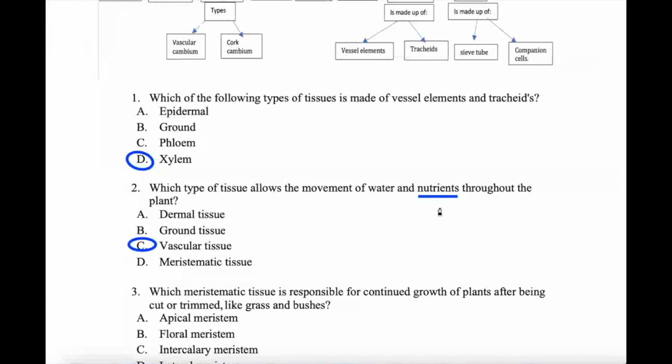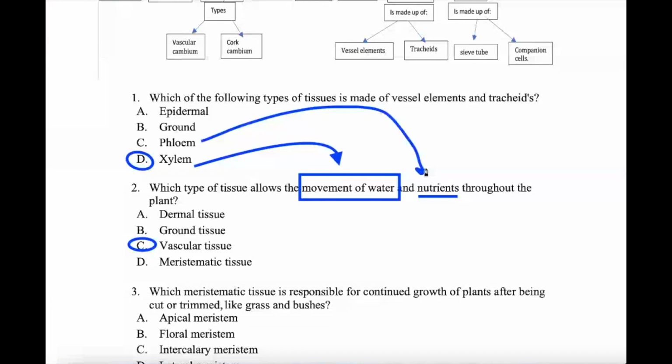Okay, look, the movement of water is done by a type of transport tissue, vascular tissue. What is the name of vascular tissue? Xylem and the phloem. Xylem. Okay, and who transports the nutrients? Phloem. Yes. Phloem.